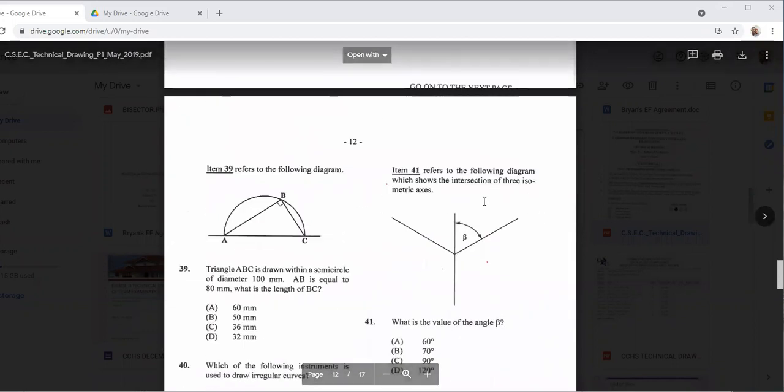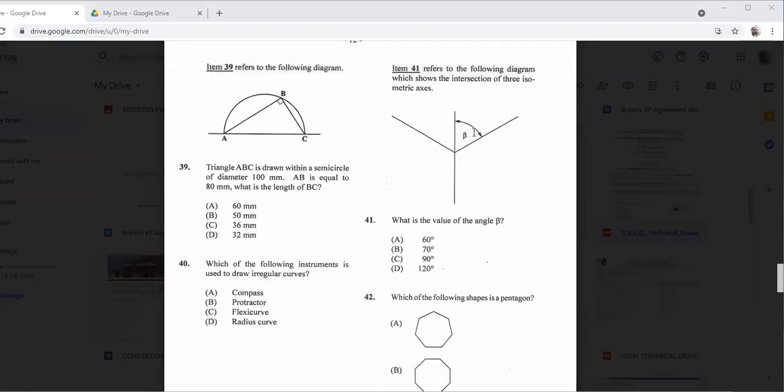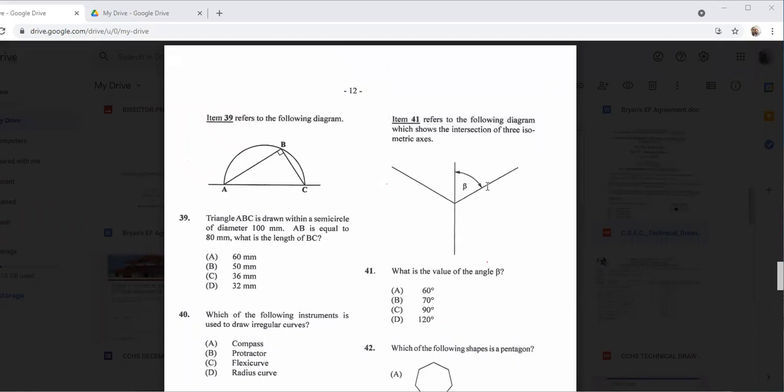What about this example? Remember, I showed you something like this before. What would be the angle of this beta?